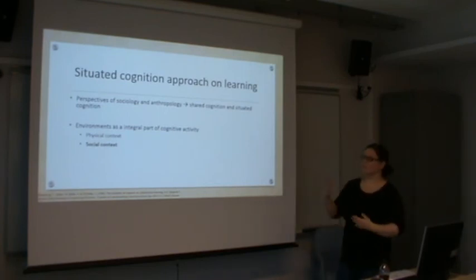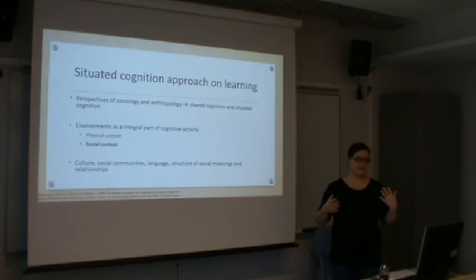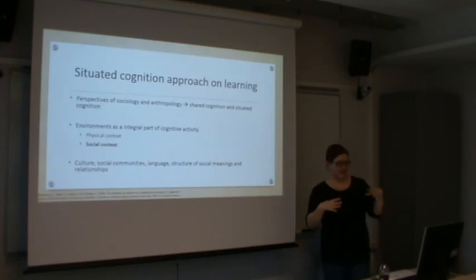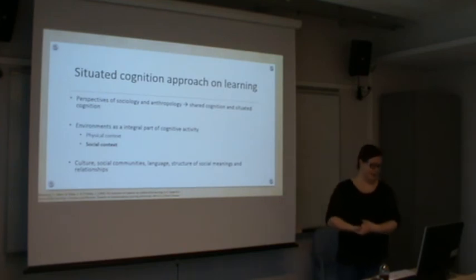So in this approach, the whole social environment is important. The main important things here are the culture and social communities, not just the group that's collaborating in the situation and not just the interaction between them, but all the communities that they are part of, the language, the culture, and so on, has to be taken into consideration from this perspective if you want to study learning.